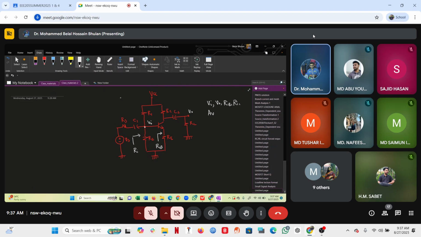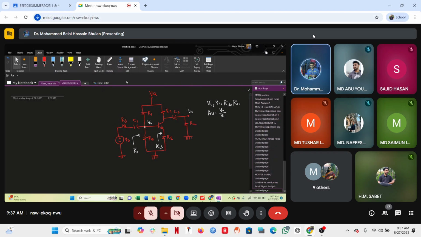So the gain is in fact V naught over VI. These are the expressions that we have to derive after analyzing this amplifier only for small signal.